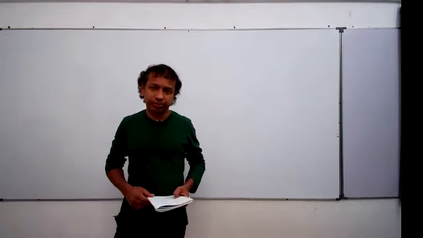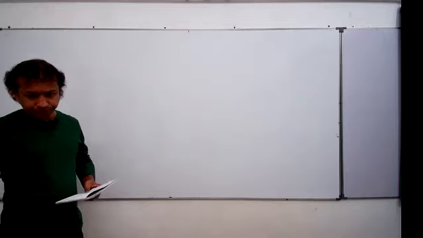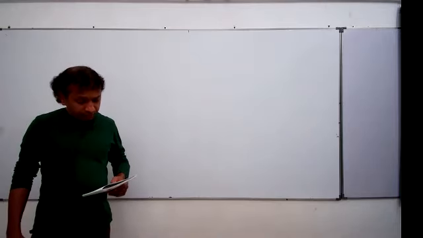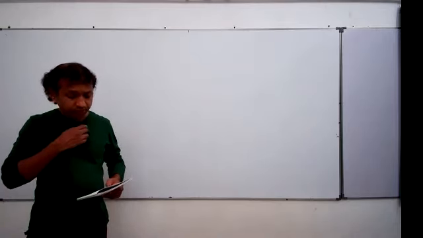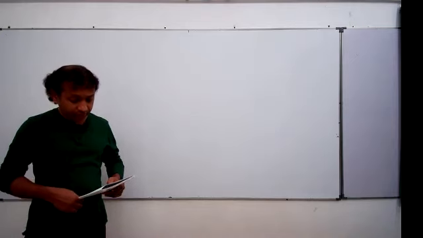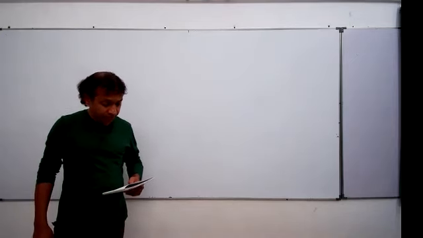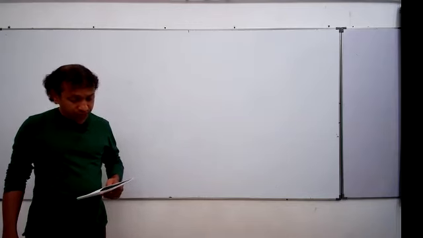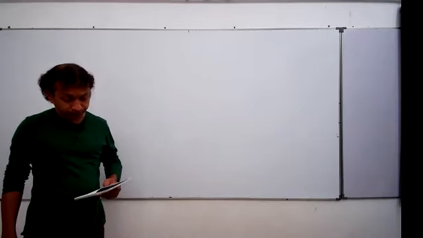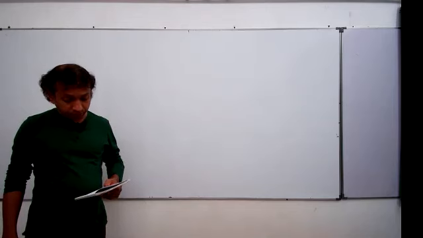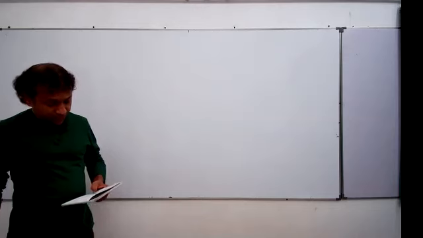Okay, right. Now take question number 20. It says something like this. One end of an elastic string of natural length A and modulus of elasticity mg is fixed at a point O on a smooth horizontal table. Point O is at a distance 2A from the edge of the table.